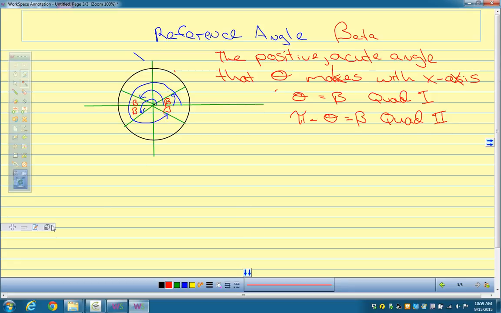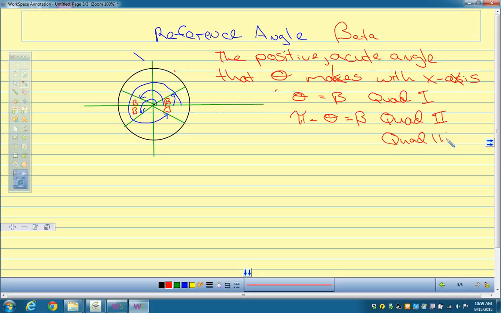Because if I want to find this angle here, this angle B, I would have to take pi and subtract theta, if this is theta from here to here, and I would get out what that acute angle is right there. Yeah? Okay? Anyone want to figure out a formula for quadrant 3?